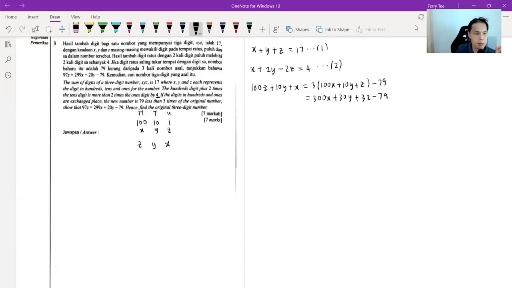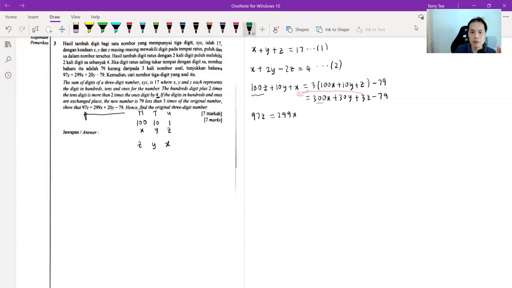Now, look at this. I'm supposed to show this. I'm supposed to start with z. z must come first, right? So there's 100z here. I bring that 3 to the left. 100 minus 3, I get 97z. The rest I keep to the right. Now, this x I bring to the right. 300 minus 1, you get 299x.